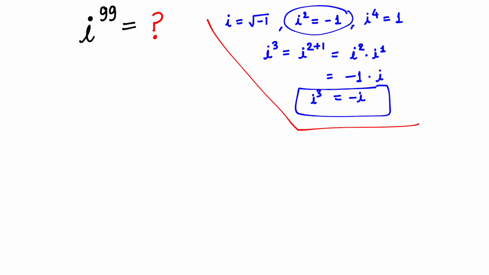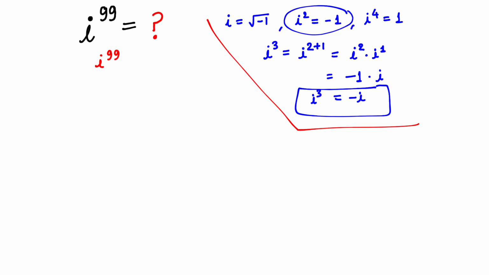Now let us solve for this value, iota raised to the power 99. Whatever exponent or power is given, we divide it by 4.